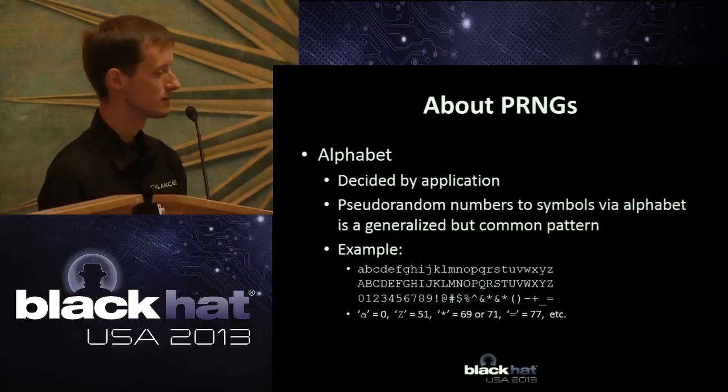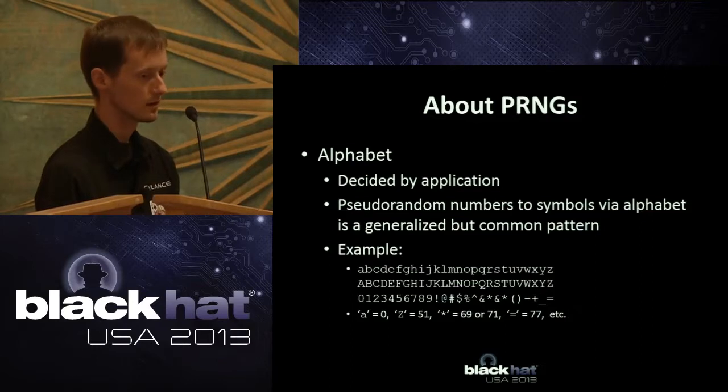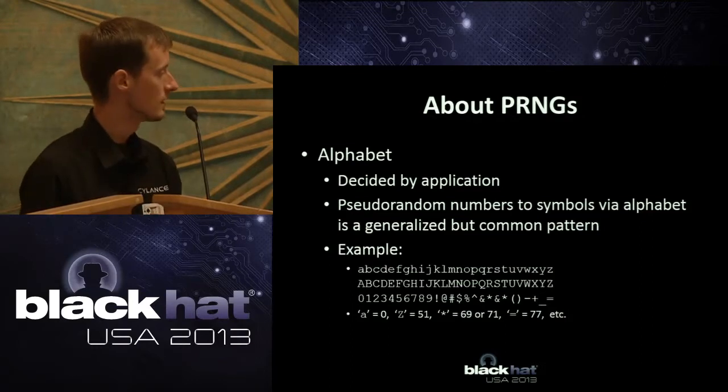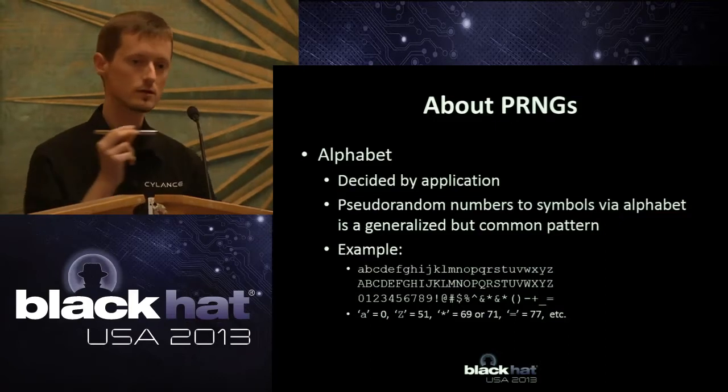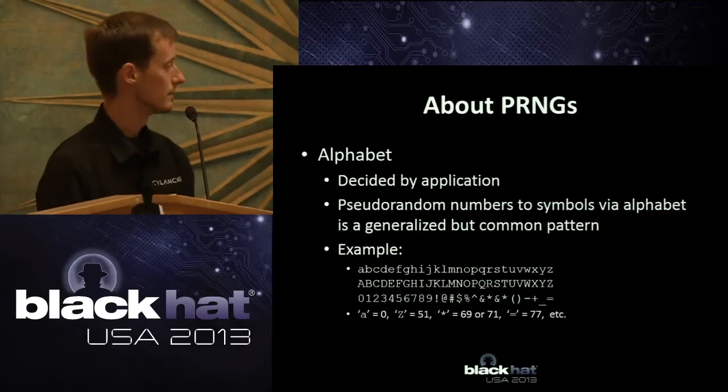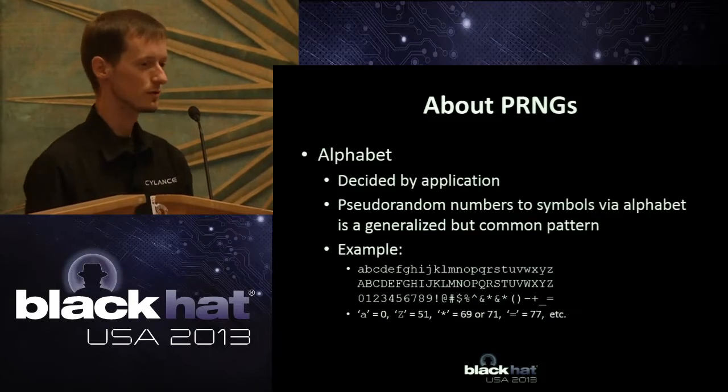And then finally, this is a particularly pesky example, because down in the bottom we have duplicates. We have ampersand and then asterisk, both repeated. So while there's a definite mapping from ordinal values to symbols, there's not necessarily the reverse.